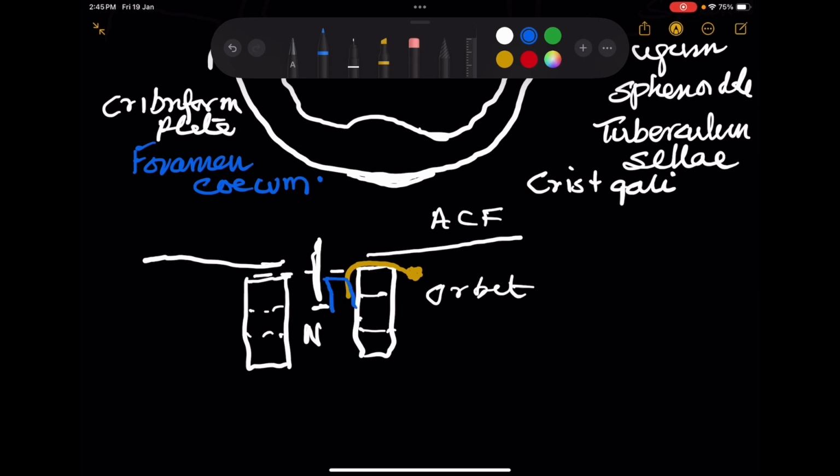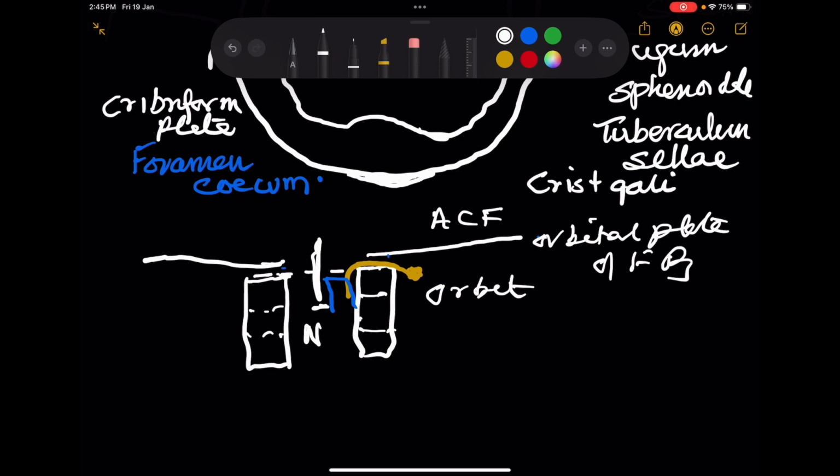So this nasociliary nerve passes through foramina between the orbital plate of the frontal bone and the cribriform plate of the ethmoid.